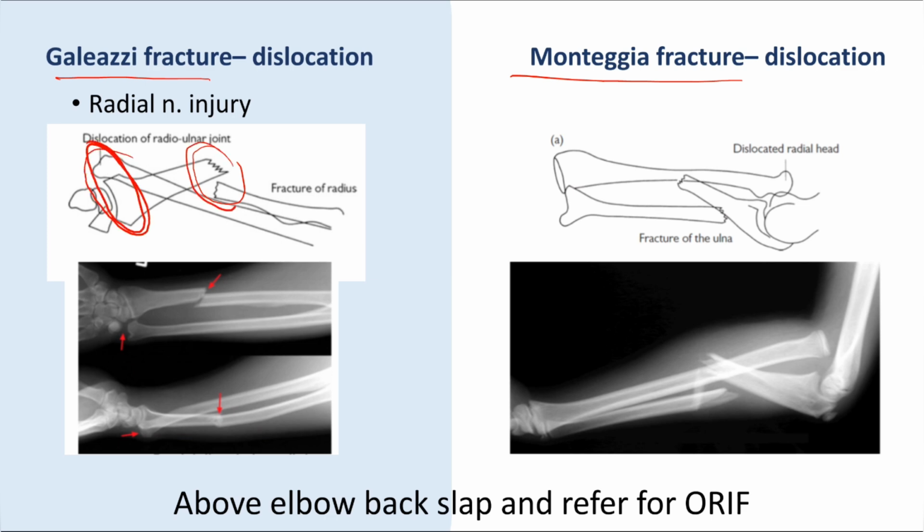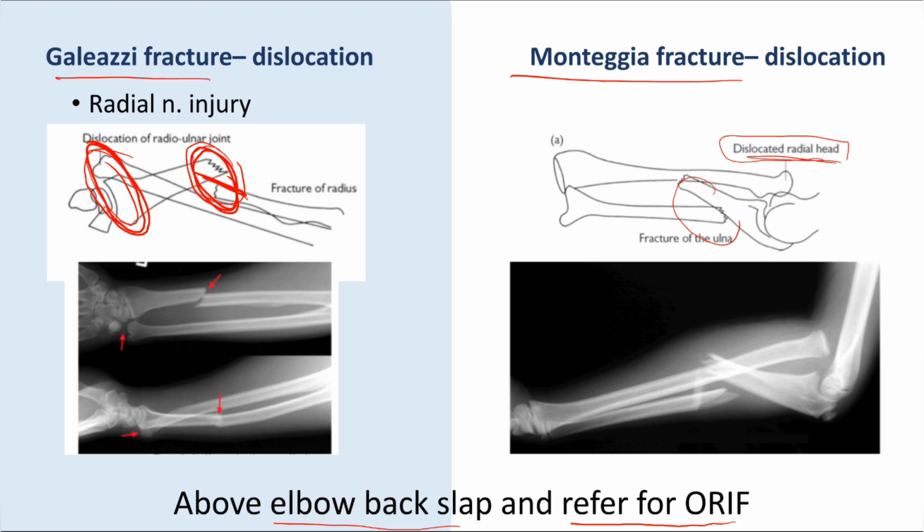Monteggia fracture, however, is fracture of the ulna and there will be dislocation of the radial head. The proximal part of the radius will be dislocated. So both of them need an above elbow back slab and referral for open reduction, internal fixation.